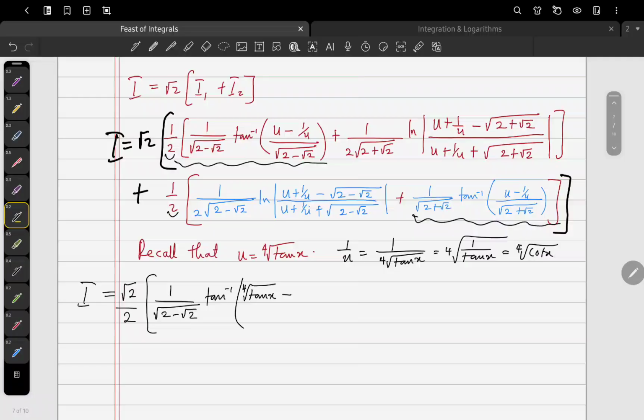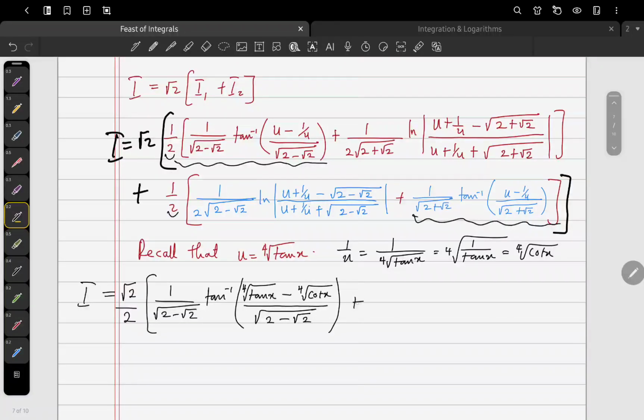So that we will have something that is not too ugly. 4th root of cot x over square root of 2 minus square root of 2.